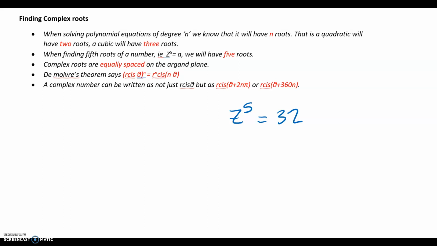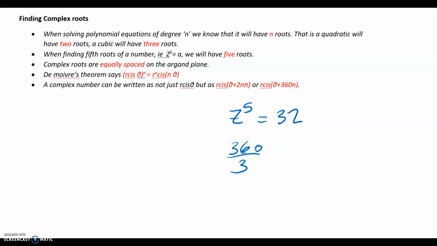Complex roots are equally spaced on the Argand plane. So if you have 3 roots, they're going to be 360 divided by 3 apart, so they'll be 120 degrees apart.